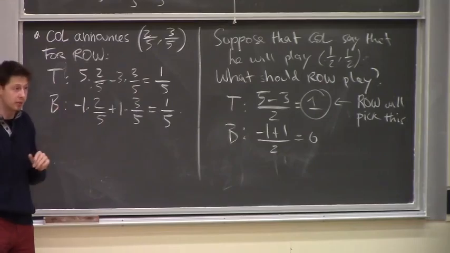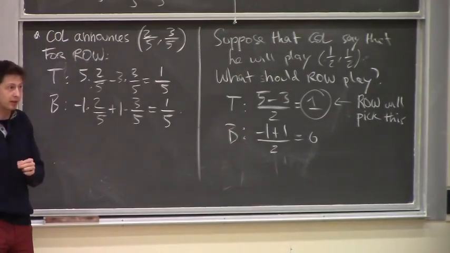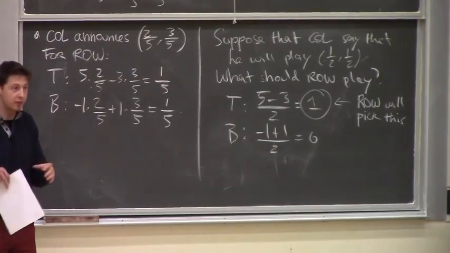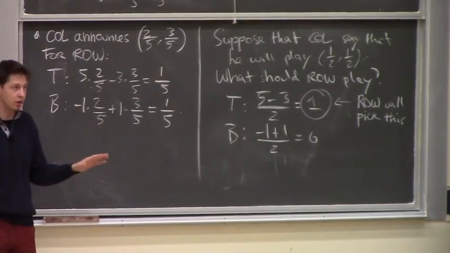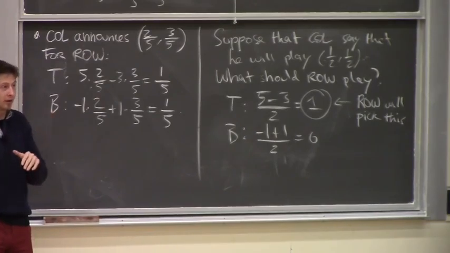And at the same time, among all the things that the column player can do, there is one strategy that ensures that regardless of what the row player does, the utility cannot be higher than 1/5. OK? Then each of these proves that for either player, there is no other strategy that will guarantee a utility that is higher for the row player or lower for the column player than 1/5.